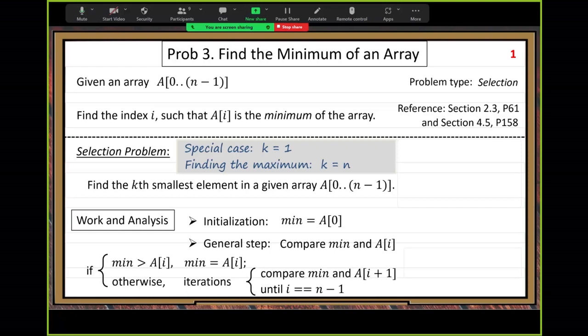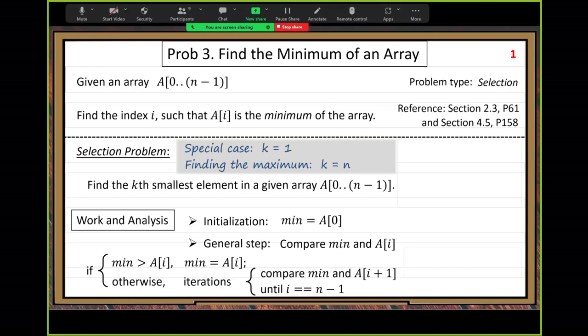After we compare with the last element, we return the value stored in this main variable as the final result of the function. That's the solution. In that way, we find the minimum.